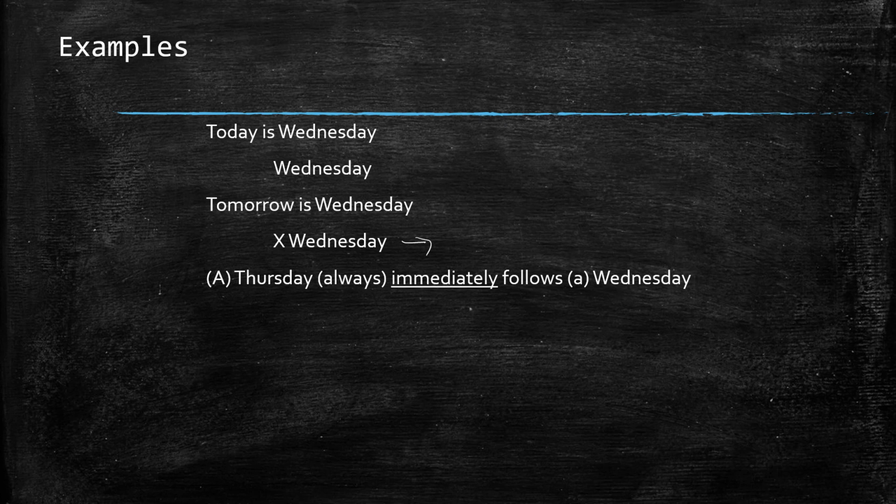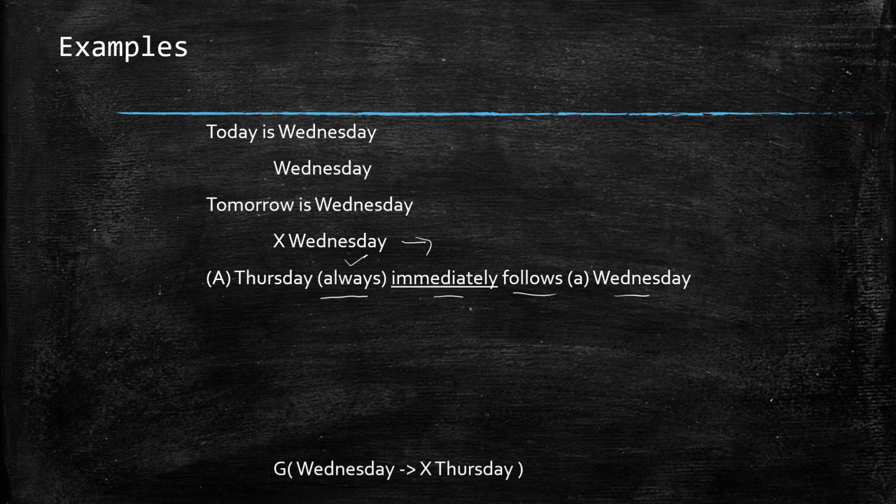Now if we have a sentence like this, Thursday always immediately follows a Wednesday. Now we have to take care of this always. It is indicating that there is going to be a global operator, and immediately follows the Wednesday means that right in the next state the day Thursday occurs after Wednesday.